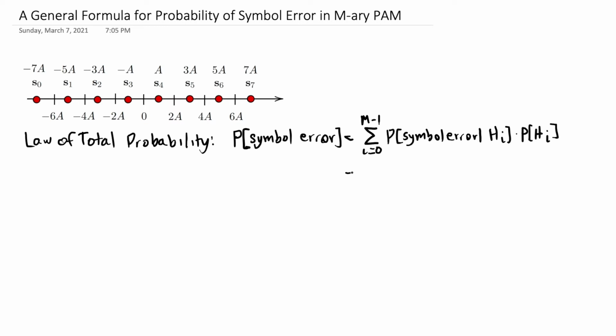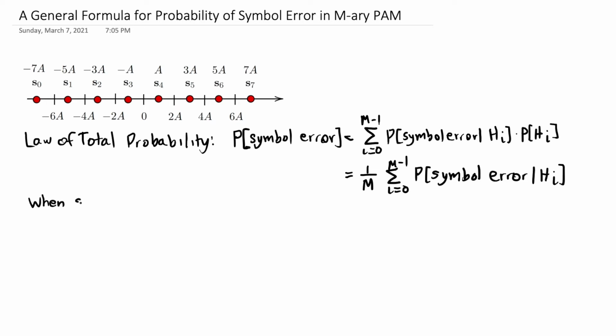And these symbols are equally likely, so the probability of Hi for every i is the same, so it's going to be 1 over capital M. Now 1 over M, I'm going to bring it out. Because we have equally likely symbols, the thresholds are going to be halfway in between each neighboring pair of symbol values. So if the symbol values are minus 7A and minus 5A, then the threshold is going to be at minus 6A.